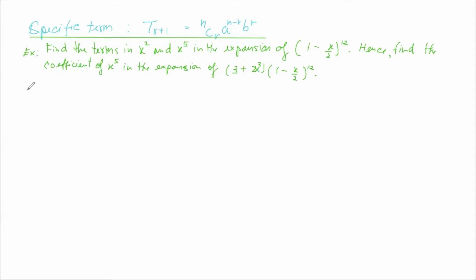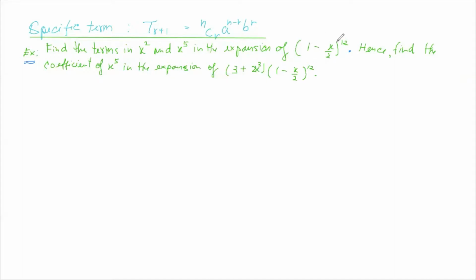Okay, see this example, we can use the specific formula on the top here. First, find the term in x squared and x^5 in the expansion of this. So this is one question. That means we have to expand this one, right?